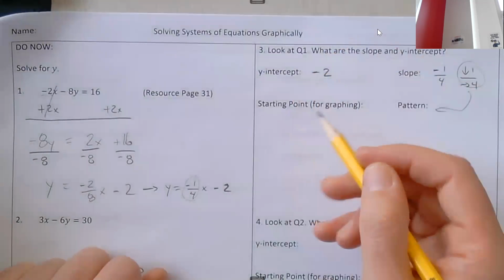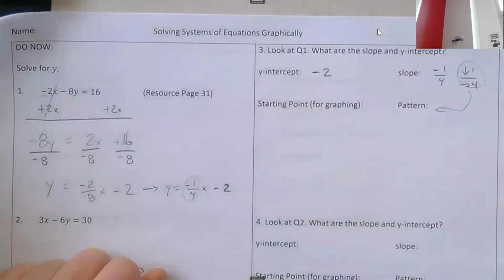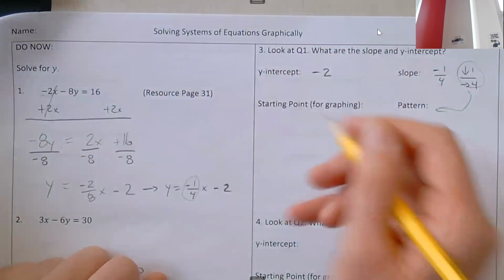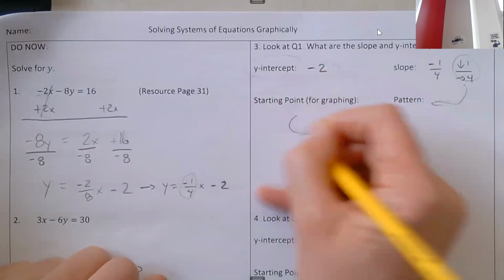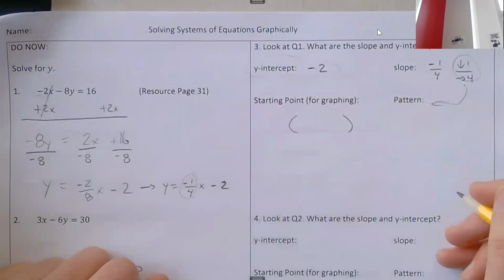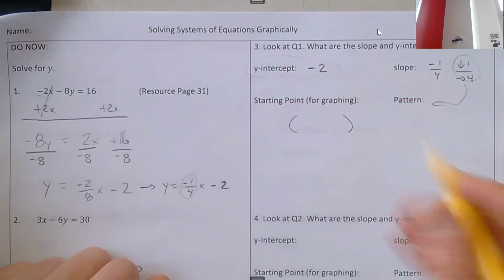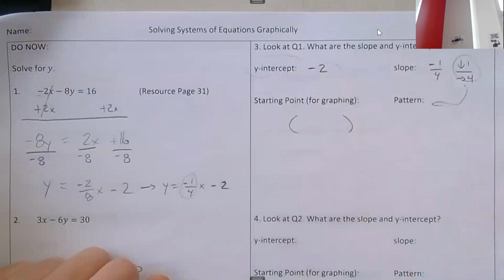So then what's the starting point for when you graph? We talked about this yesterday. Not negative 2/8. We want to take this y-intercept and think about what this point means as far as x comma y. There's no 8 in this answer. It's the y-intercept of negative 2.